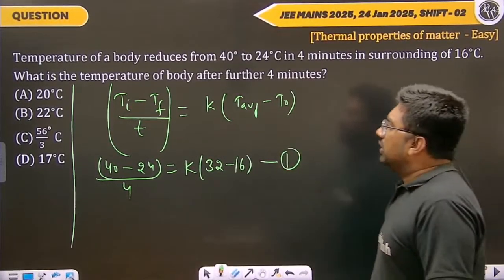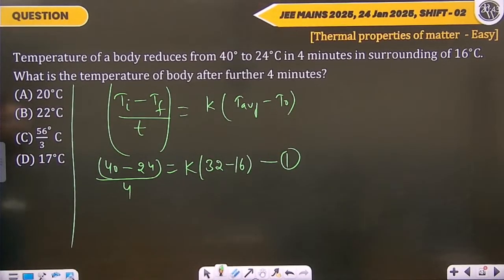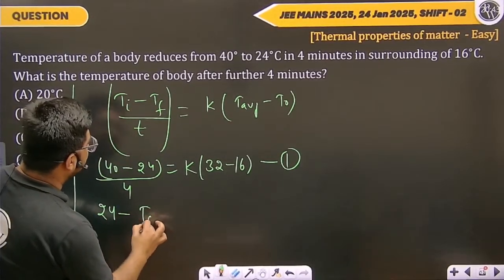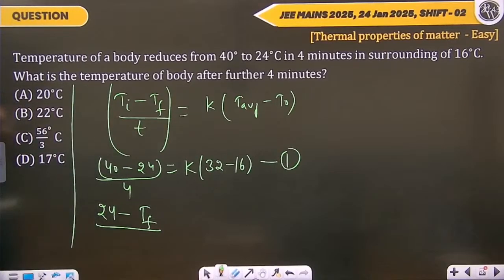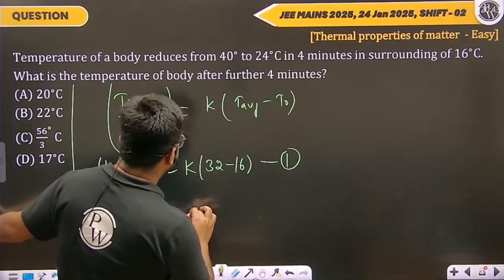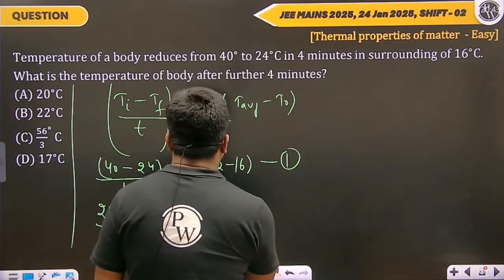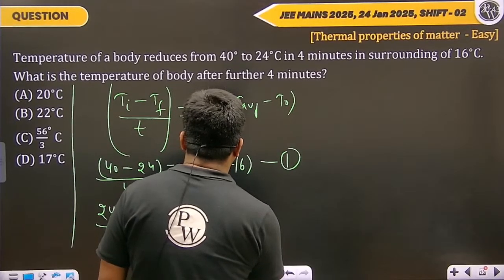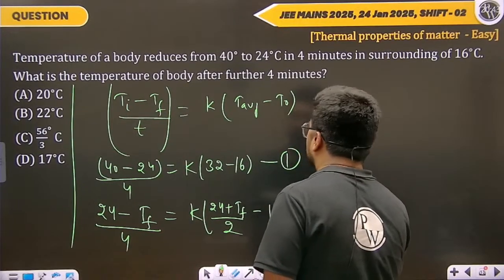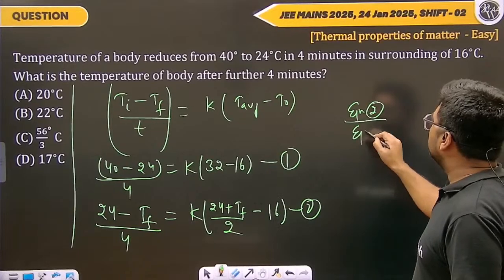Okay. We have to calculate the temperature of the body after 4 minutes. So Ti is 24. 24 minus T final, and this is time 4. Okay, this is K, and 24 plus TF by 2 minus 16 degree. Divide equation 2 by equation 1.